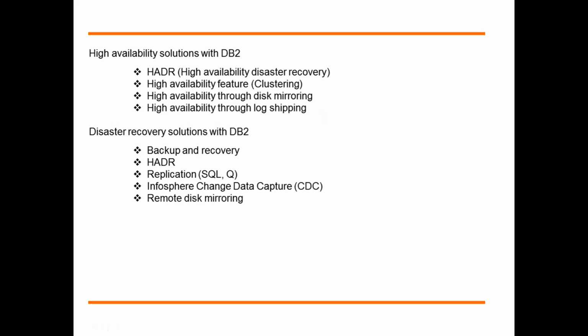Under disaster recovery, you have backup and recovery. You take regular backups on a primary site. When disaster happens, you go to the disaster recovery site and start restoring it. HADR is what we are going to talk about. You can also look at a replication solution, a replication of an entire database or of parts of it.